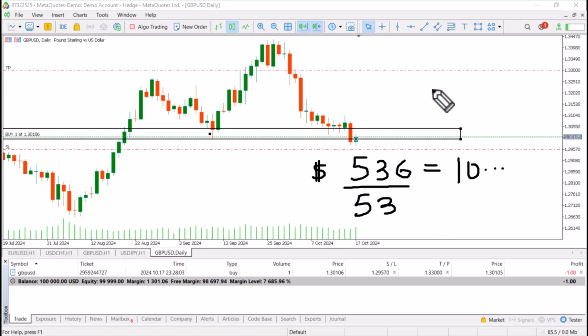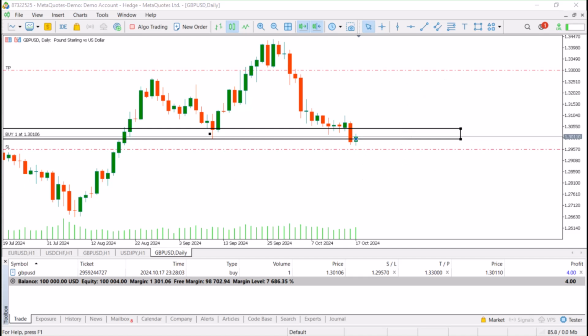So on each 1 pip on a standard lot account of 1 lot, each 1 pip is $10. It means on a $100,000 account, which is a standard lot account size, if you execute a 1 lot position size, on each 1 pip move in the market, that is what?